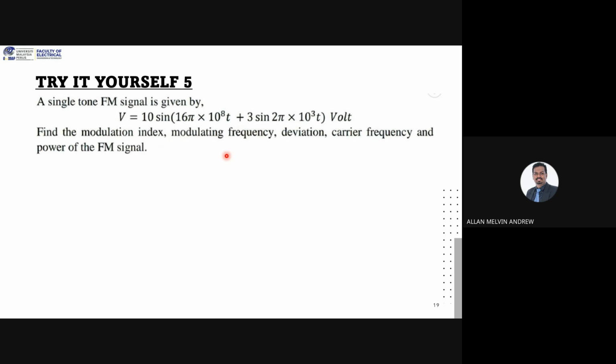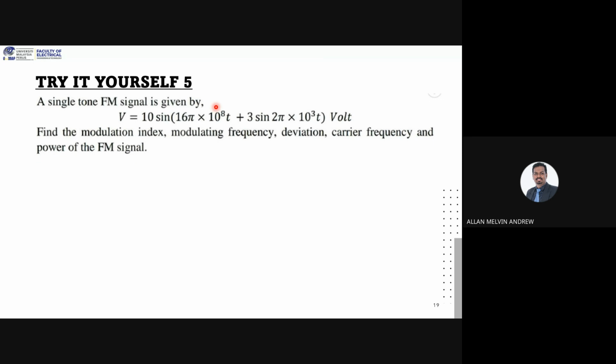So the modulation frequency, you need to extract from this given signal and compare with the standard form, and also the frequency deviation, carrier frequency, and power of the frequency modulation. Okay, so try these 5 questions for frequency modulation.